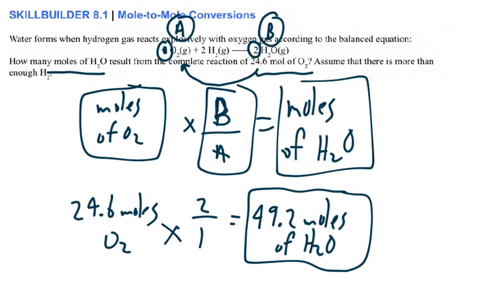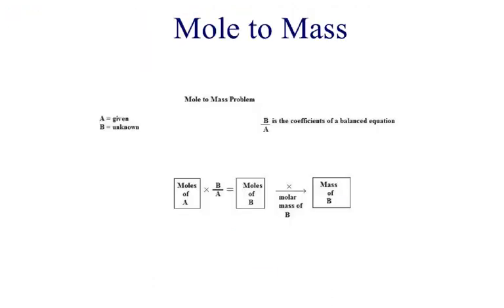Okay? Now, you might also have a mole to mass problem. And if that's the case, you do the same thing we just did, but you have to do an extra step. They don't want the answer in moles. Sometimes they want the answer in mass, usually in grams.